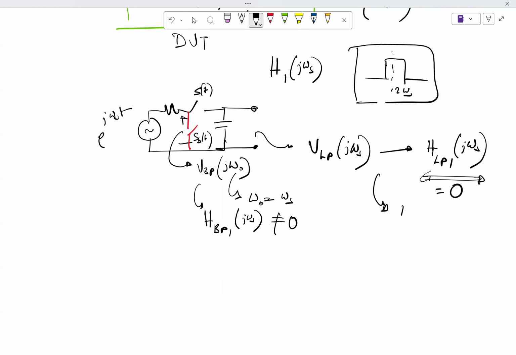If you have HLP minus 1 j omega s, this will not be 0, because this means that I'm observing at DC.